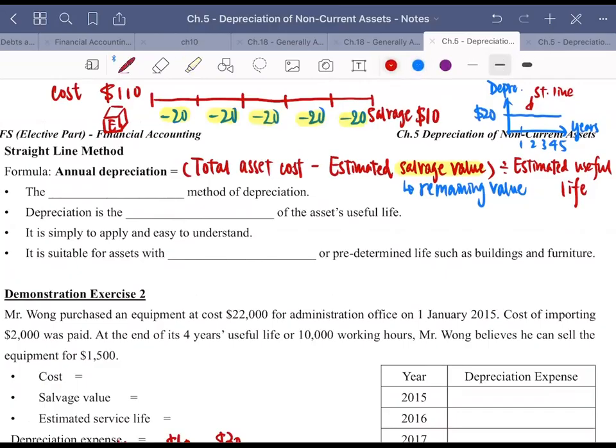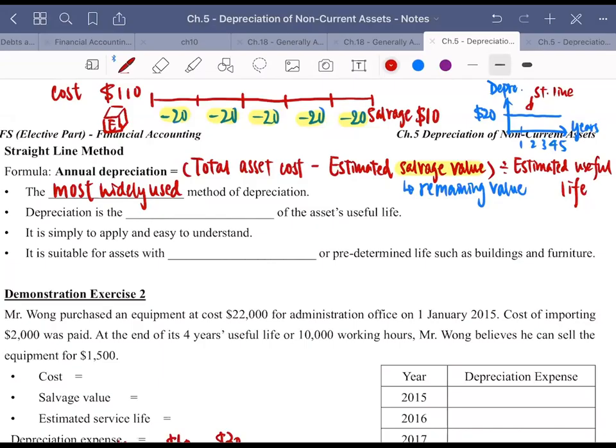It is the most widely used method in our daily operation, so you can write down, it is the most widely used method of depreciation. You have to be careful because it will always appear in your examination.